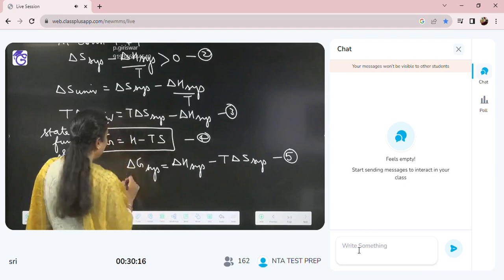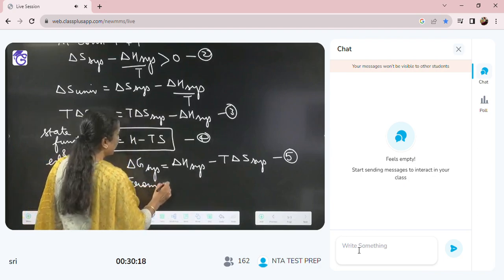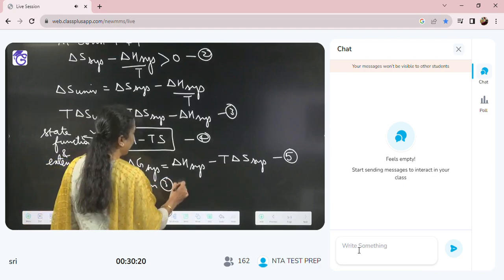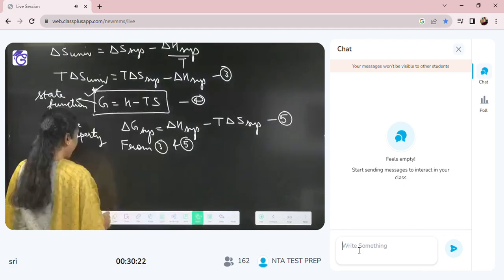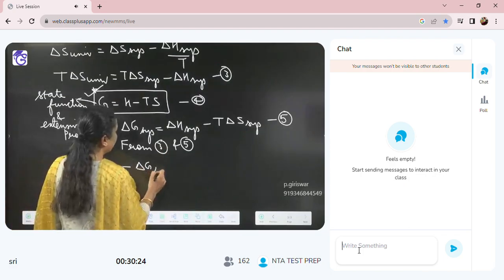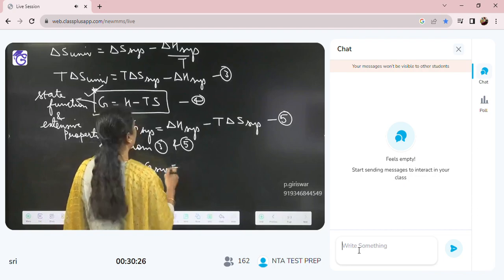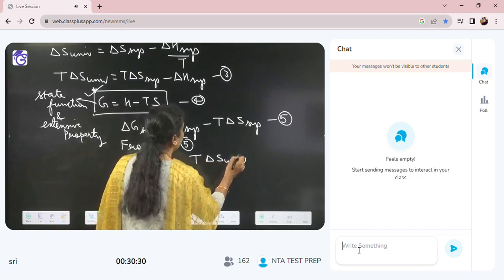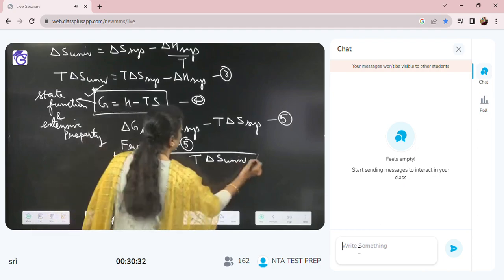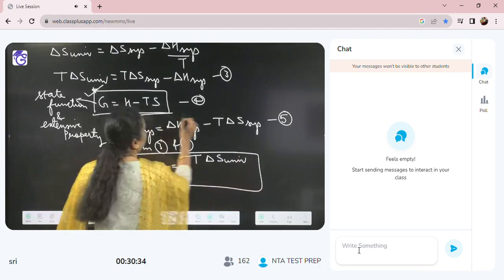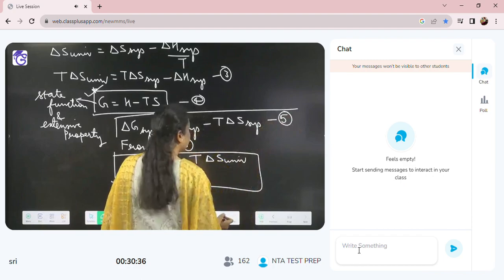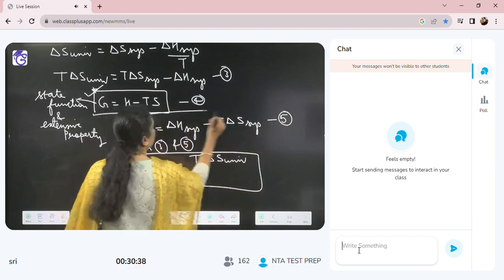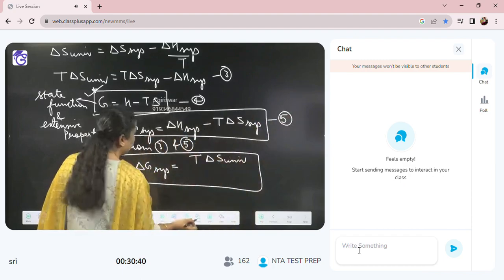So I'll be able to write here from equation number 3 and 5, what we are going to have is minus delta G system, that is equal to T delta S universe. I am simply comparing 3 and 5, right? Now let us draw an important conclusion here from the equation which I have just written.